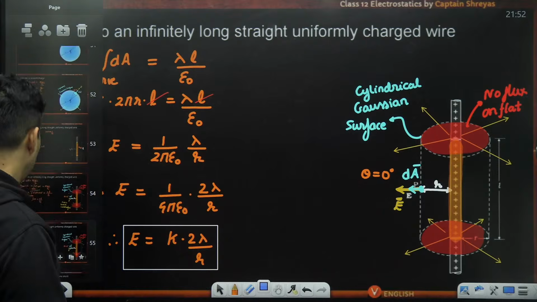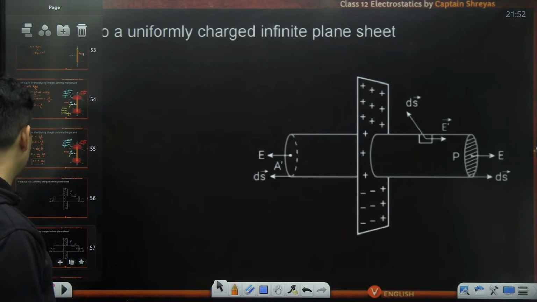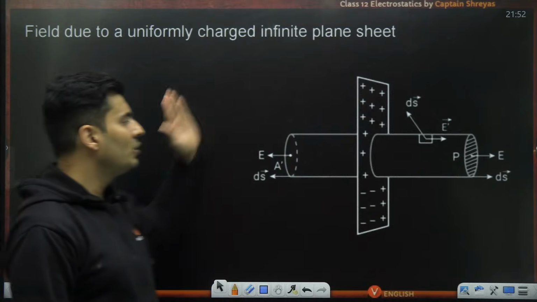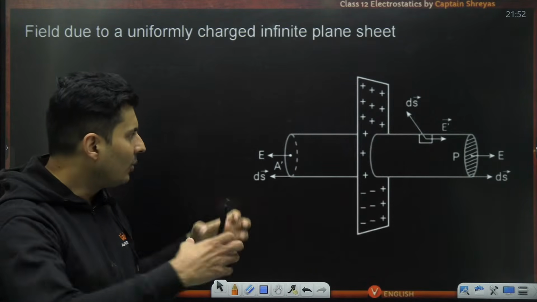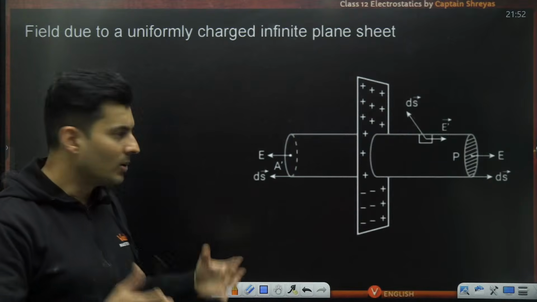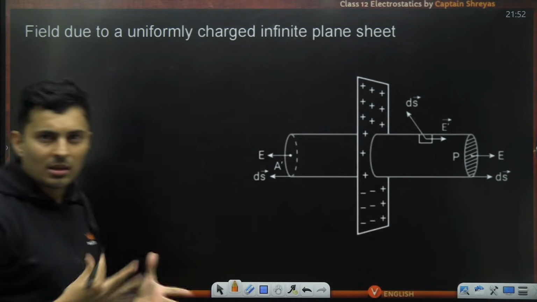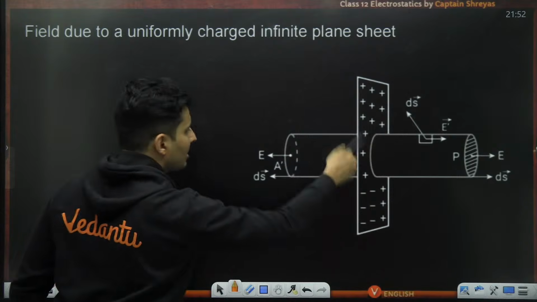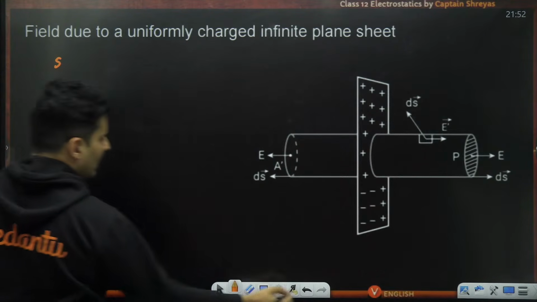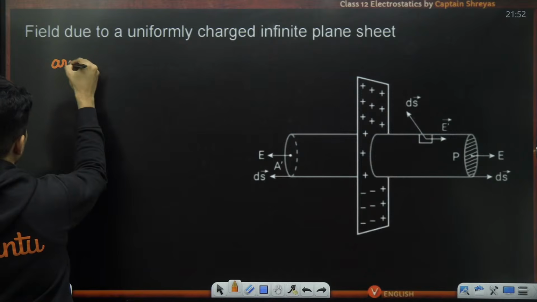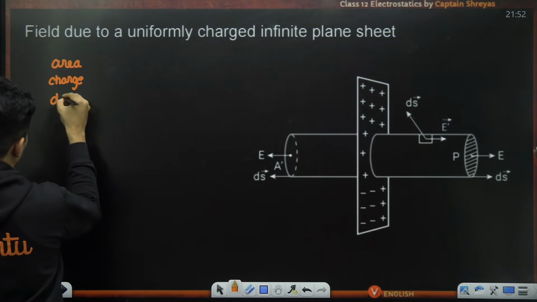All right. So moving on to the next kind of question, which is the field due to a uniform charge sheet. Yes, if you have a long sheet, how will the field due to it look like? First of all, the parameter to define the quantity of the charge present on the sheet is called the area charge density.